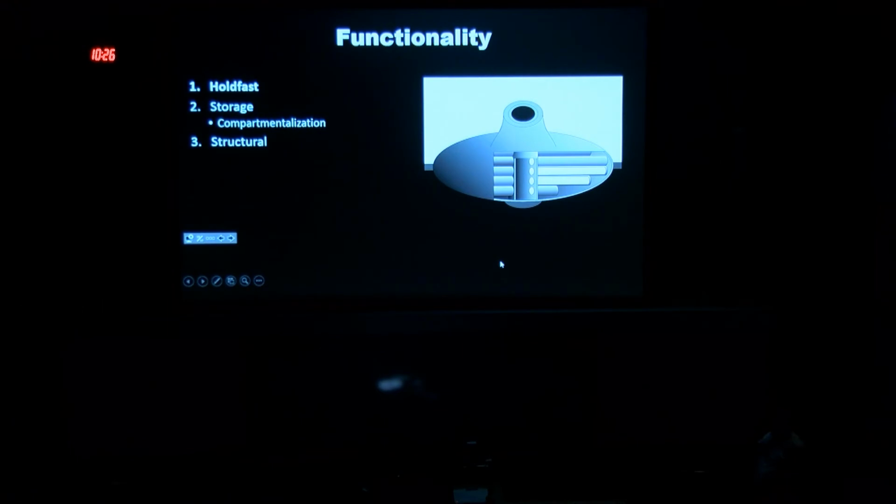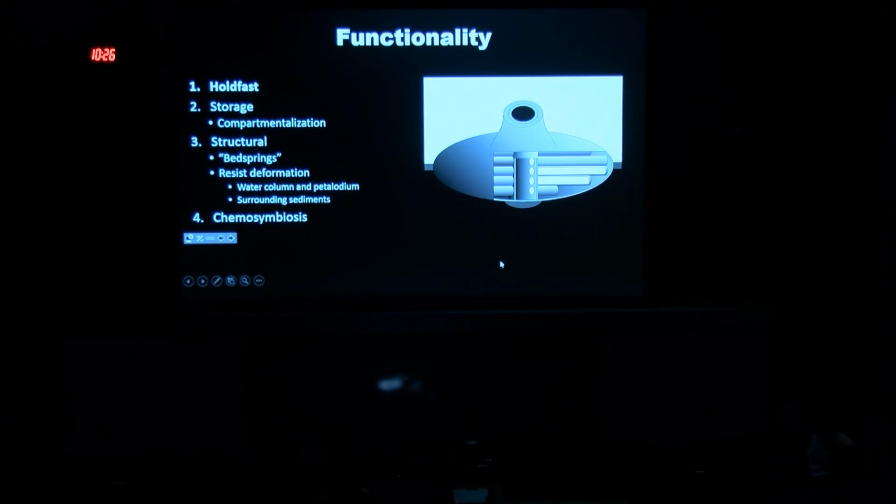It could be structural, as you have the frond in the water, as the water currents move the frond, or as the sediments shift against the holdfast, it could help maintain structural integrity, as I mentioned right here. And another possibility, with this sediment-water interface right here, with an oxic water column and anoxic bottom sediments, you have the possibility that you could have chemosymbionts living inside there.